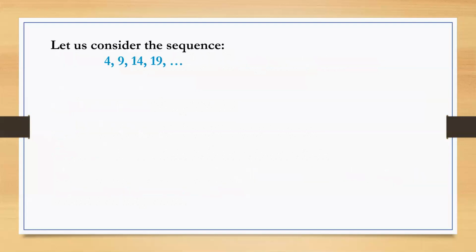Now, let us consider the sequence 4, 9, 14, 19, and so on. What can you notice here? We are adding 5 to get the next term. So here the first term is 4, and we add 5 to get the next term.